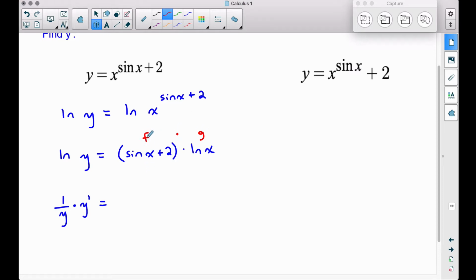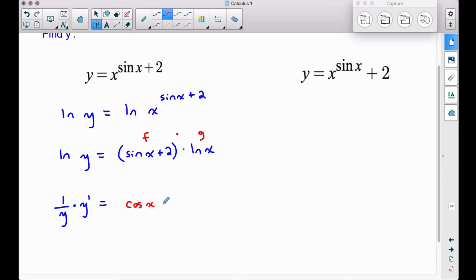So let's take f prime times g plus g prime times f. So f prime, the derivative of sine of x plus 2 is going to be simply cosine of x. Because the derivative of sine of x is cosine of x, the derivative of 2 is 0. So we have cosine of x plus 0, which is just cosine of x.